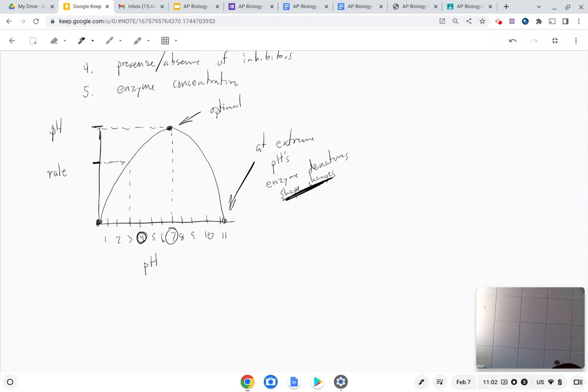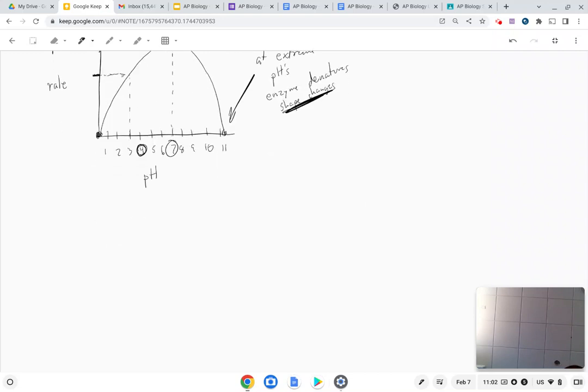Okay, but what about temperature? So with temperature, you see a similar pattern. If we have freezing temperatures and then boiling hot temperatures, for most enzymes we will typically see them function nicely somewhere in this area here, like 20 Celsius.